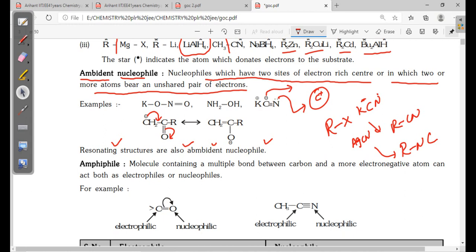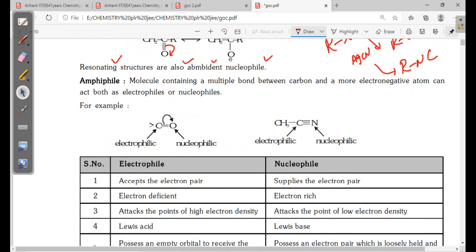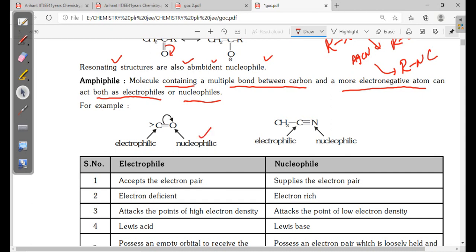Next, amphiphile. What is an amphiphile? Molecules containing a multiple bond between carbon and a more electronegative atom can act both as electrophiles and nucleophiles. So here C double bond O is there. This oxygen acts as a nucleophile, and this carbon acts as an electrophile simultaneously, both.